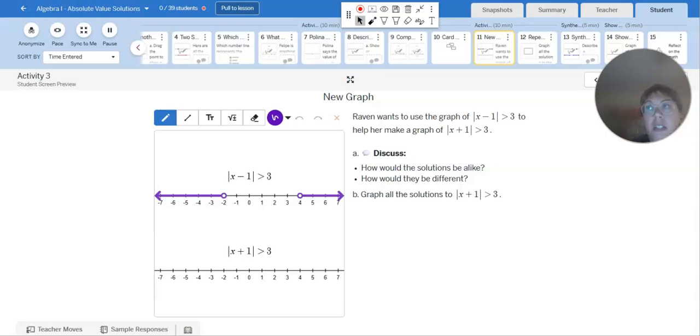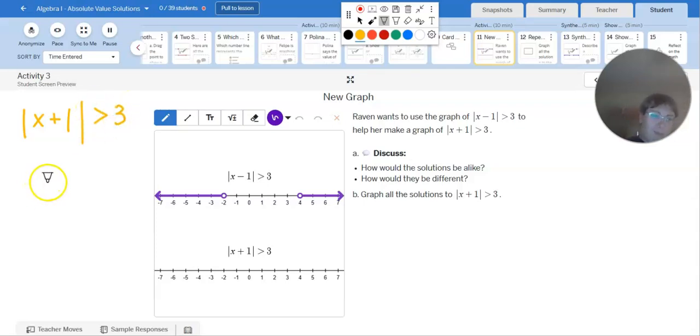So when we start to see this absolute value of x plus 1, now we have a plus, an addition symbol in the absolute value bars. So we can think of this as x minus a -1. So we're looking at the distance from -1.